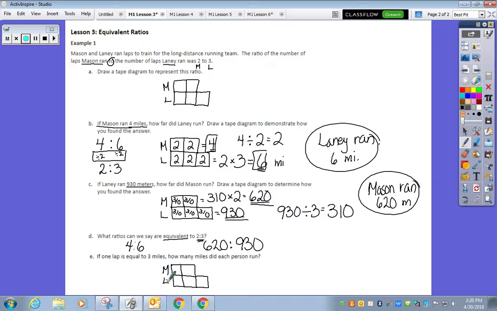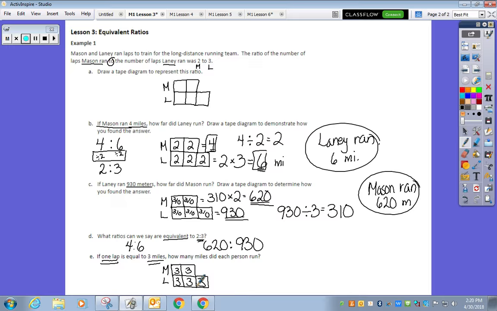Now this time, instead of telling us a total number of miles or meters that each person ran, they're telling us that 1 lap is equal to 3 miles. So if each box represents a lap, that means in each box would go the number 3. So 1 lap was 3 miles, another lap was 3 miles, this lap was 3 miles, this was 3 miles, and this was 3 miles.